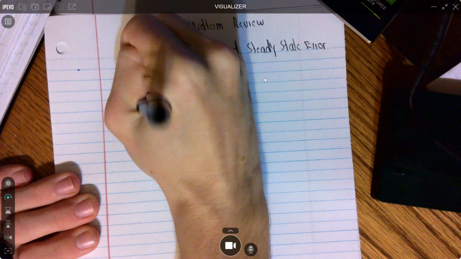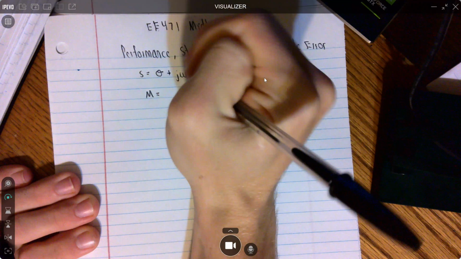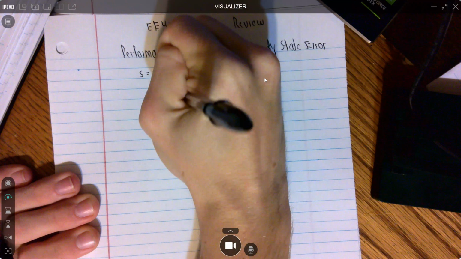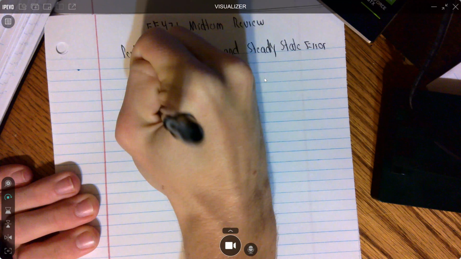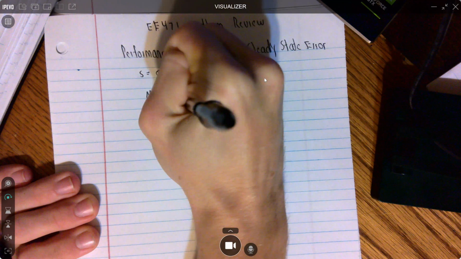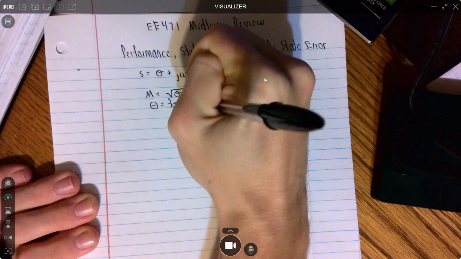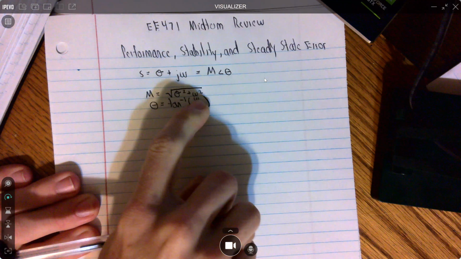If we're looking at the polar form, M is equal to the square root of sigma squared plus omega squared, and theta is equal to tan inverse of omega over sigma, so it's the imaginary part over the real part. This is from rectangular to polar form.